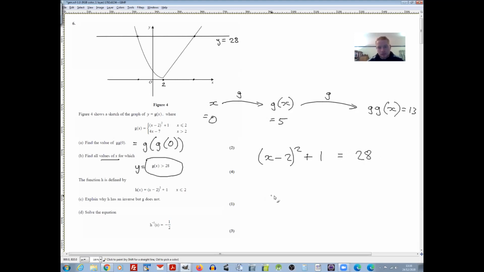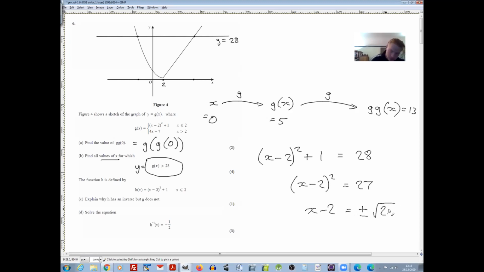Then you could say x minus 2 squared equals 27. Yeah, that's fine. Why am I bothering to expand it? You've got the better idea. We'd only want to complete the square to solve it anyway. Great. And x minus 2 equals plus or minus root 27.